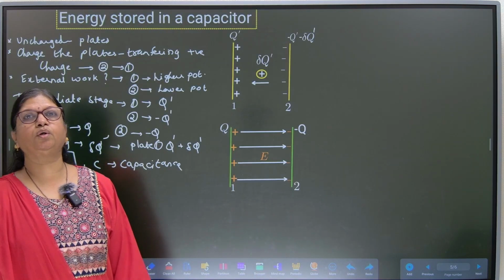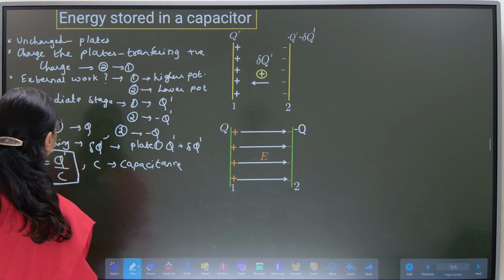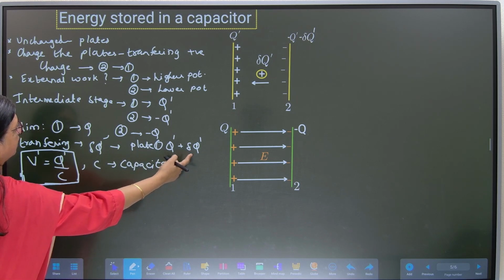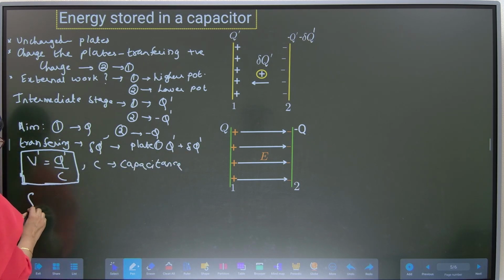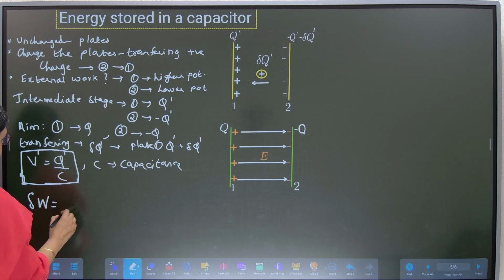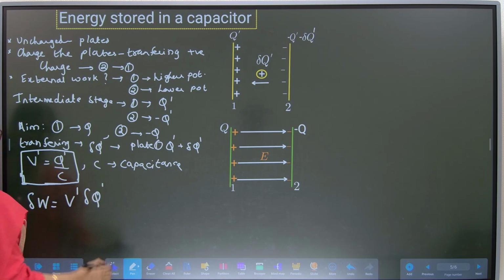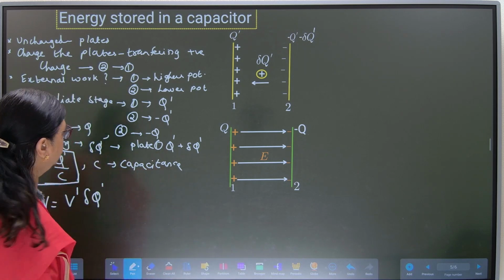Fine? So the external work required to shift this charge of delta Q dash is given by delta W is equal to V dash delta Q dash. Work done is equal to VQ. That's what is written here. Okay.